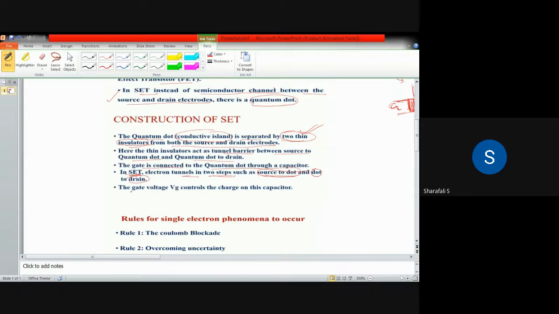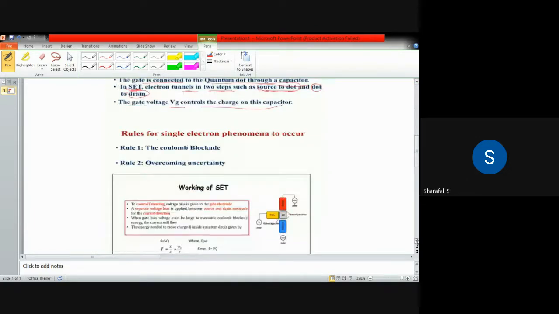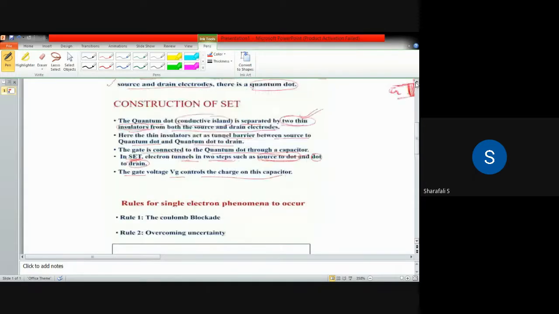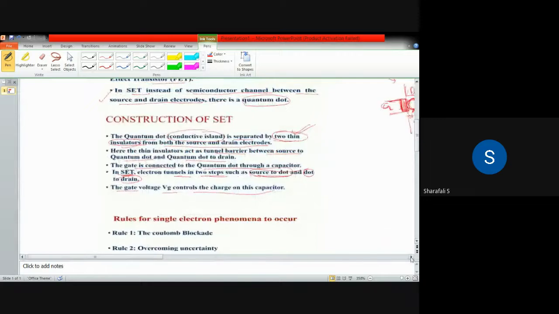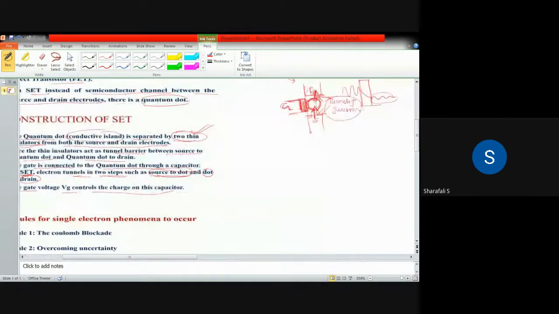And then we are having the gate voltage Vg that controls the charge on this capacitor. So all this will make the capacitor of this particular quantum dot.